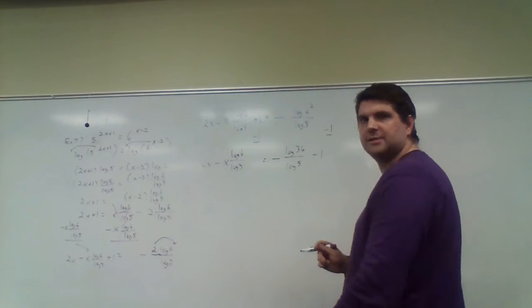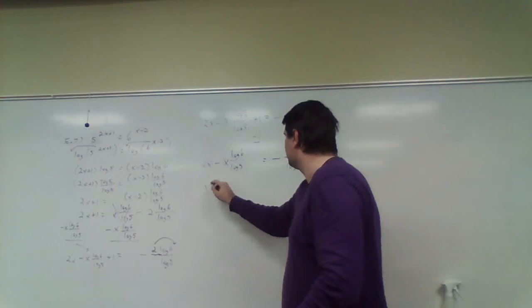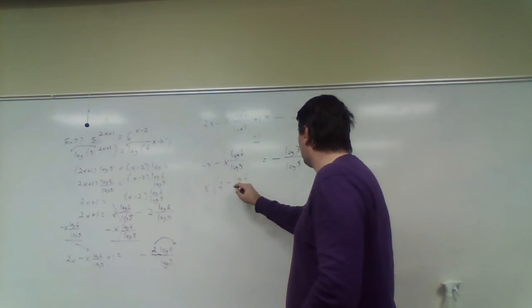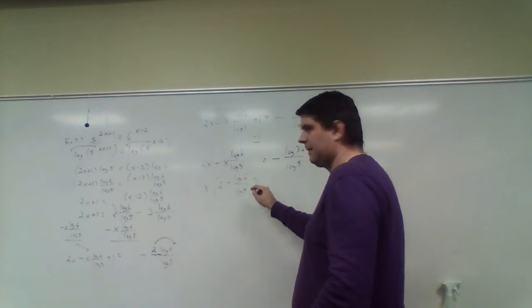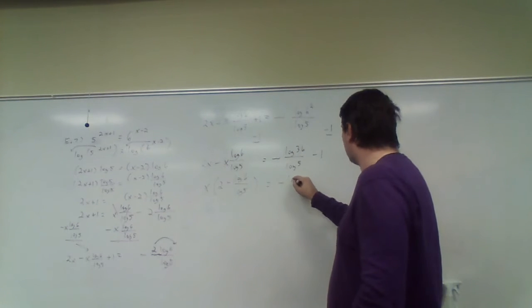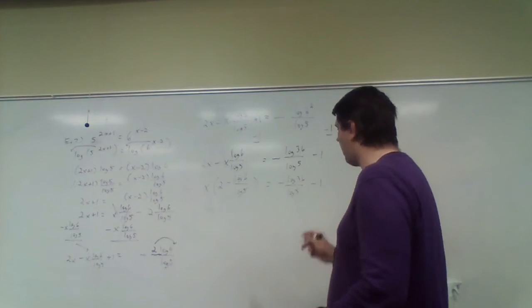And the goal of all this was to be able to factor an x out of these two terms. x times (2 minus log 6 over log 5) equals negative log of 36 over log 5 minus 1.